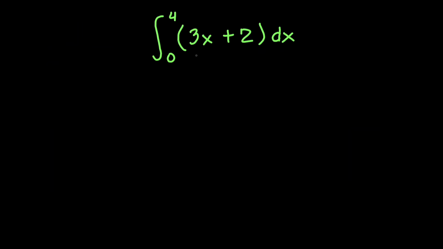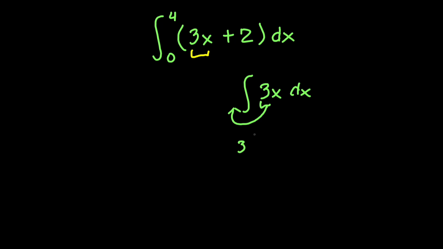Next up would be the integral of 3x plus 2 from 4 to 0. So, whenever you encounter a polynomial, you can just integrate it one by one. So, let's move first with 3x. This is simply the integral of 3x dx. You can actually put 3 outside the integral since it is a constant.